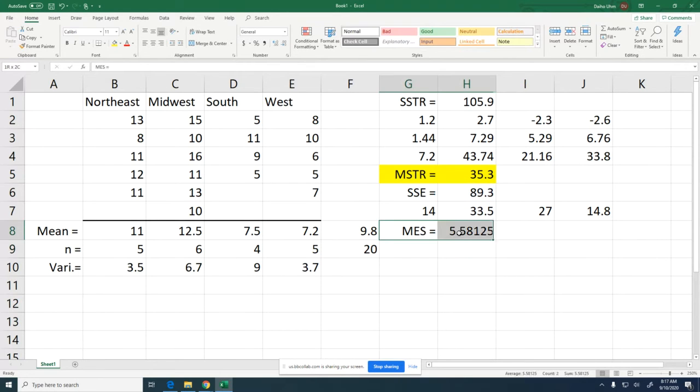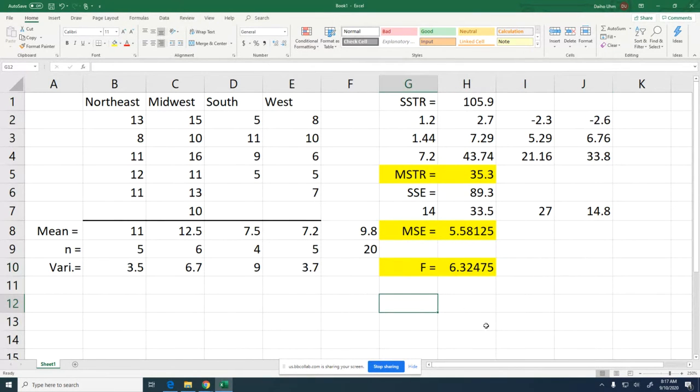So MSE is 5.58. Then now we need the F ratio, which was MSTR over MSE. I'm sorry, it's MSTR over MSE. So the F ratio, the test statistic, is 6.32.